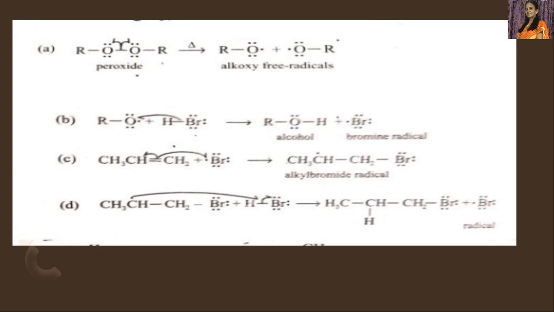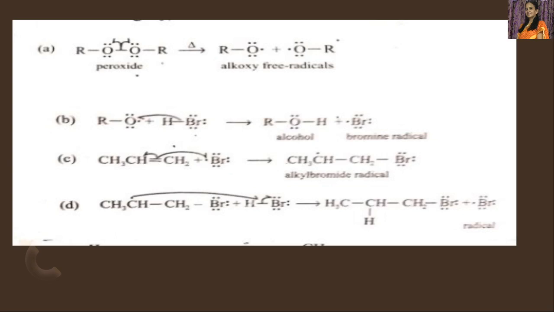The unstable peroxides decompose readily to produce alkoxy free radical, RO dot. This alkoxy free radical abstracts hydrogen from HBr to form ROH, alcohol, and Br dot, that is, bromine free radical.